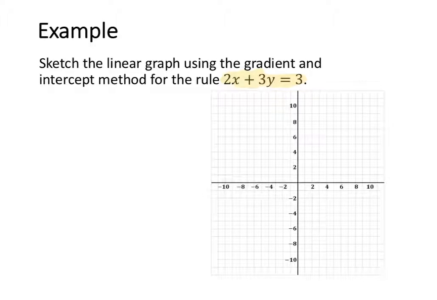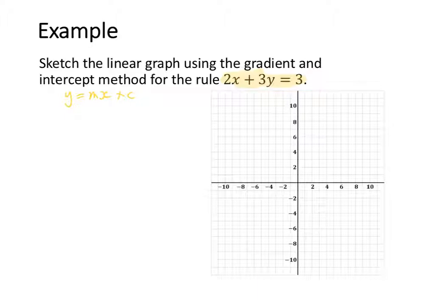When using the gradient intercepts method, I find it is easiest to rearrange the rule in the question into the format of y equals mx plus c if it is not already in that format. To do that, I want to rearrange the equation until I get y by itself.